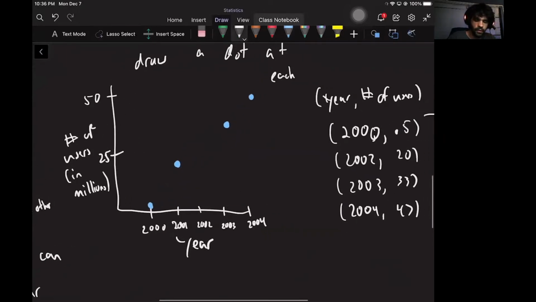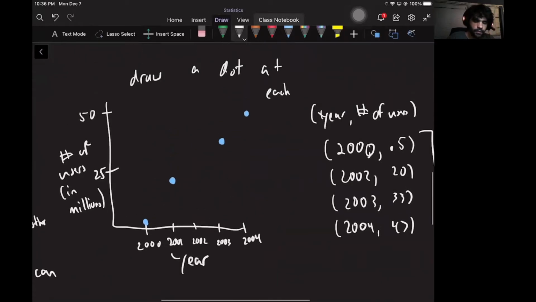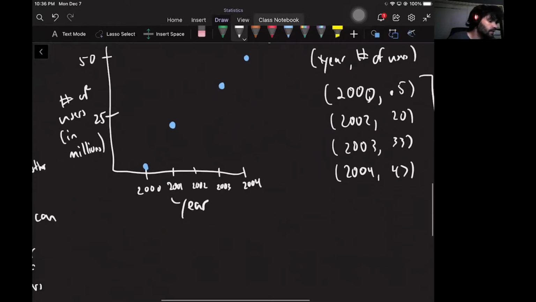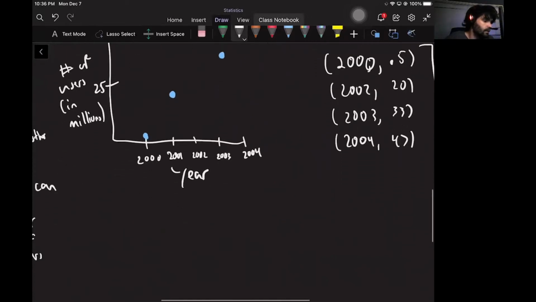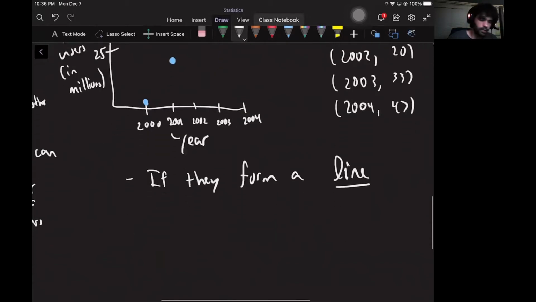What we're looking at here is we're trying to see if this forms a line type thing. That's going to be the idea. Okay, so if they form a line, what is this suggesting?